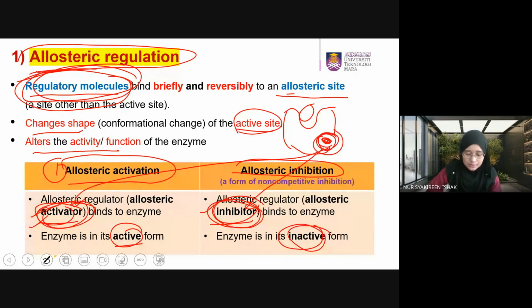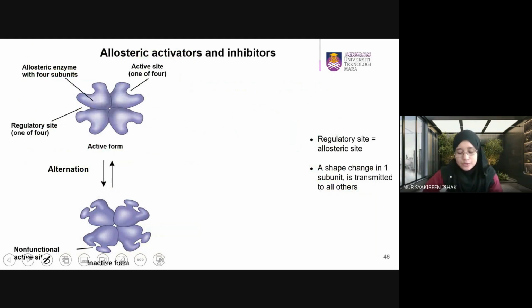Next, as you can see here, it says allosteric activators and also inhibitors. This involves an enzyme that has several subunits. In this case, it has four subunits: one, two, three, four. When an enzyme has several subunits, we call it an allosteric enzyme: an enzyme that has several subunits with allosteric sites for the regulatory molecule to bind.